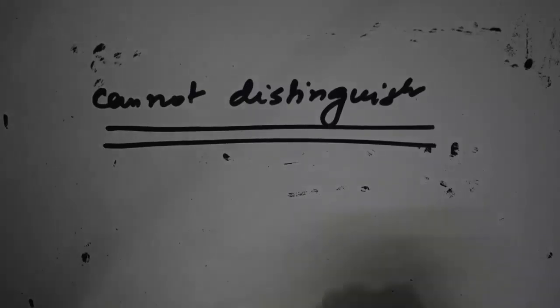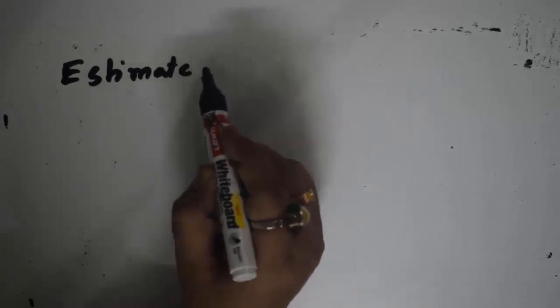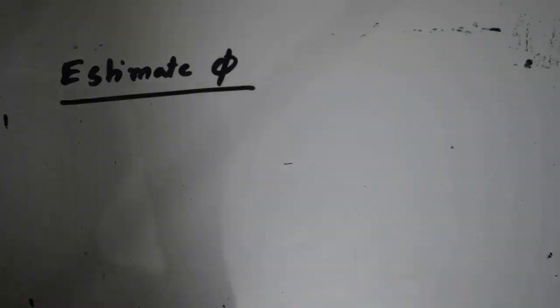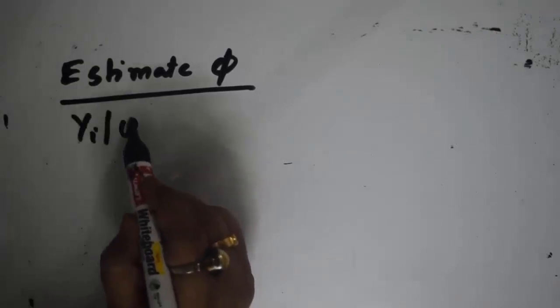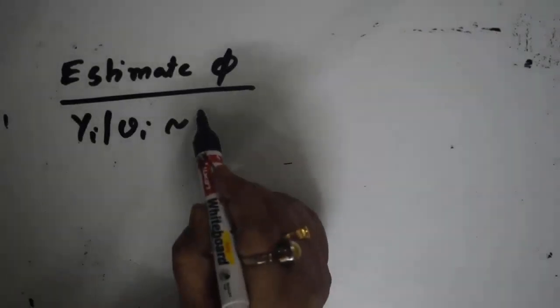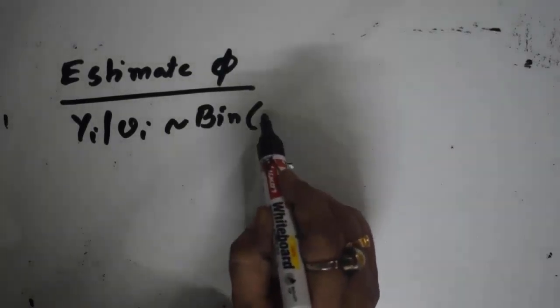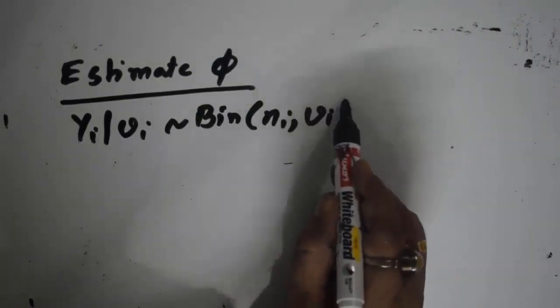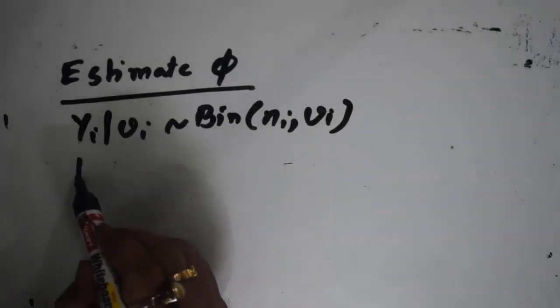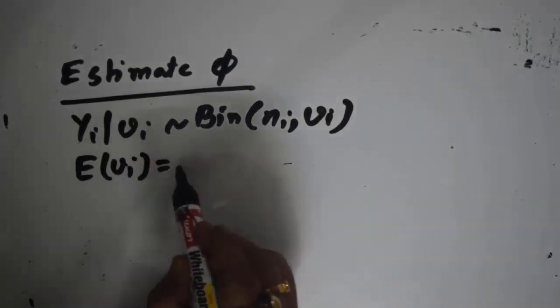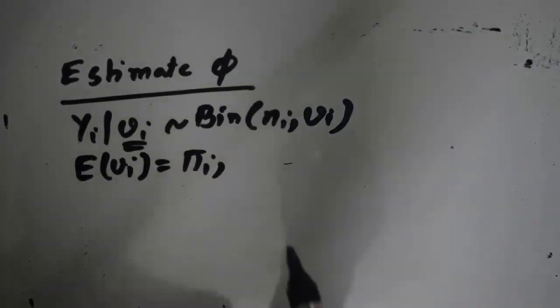So now the issue is, whether you use delta or phi, no matter. So we use general notation, that is phi. So now the problem is to estimate the unknown phi. Now our yi given vi follows binomial ni comma vi, where the expectation of vi equal to pi i, which is random.